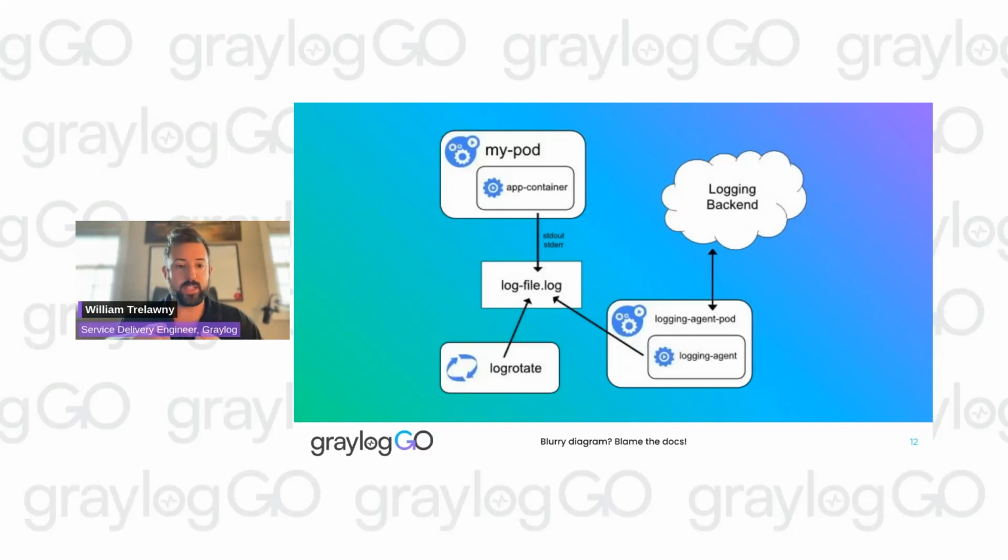These HTTP logs are being generated by the application, but it's still wrapped around. It's an application within a container within a pod. And so the Kubernetes container runtime interface, or CRI, is actually kind of wrapped around these application logs. And so you need this logging agent to be able to understand the CRI log format as well.